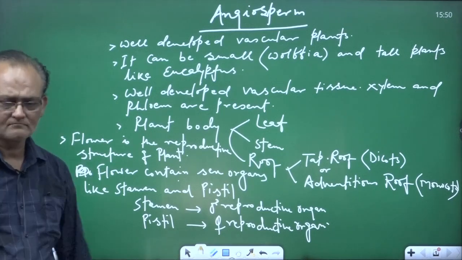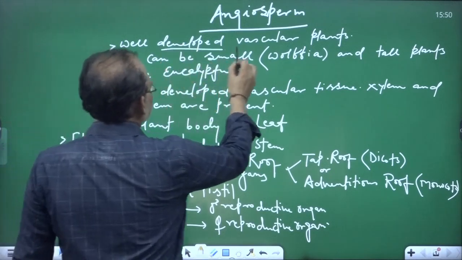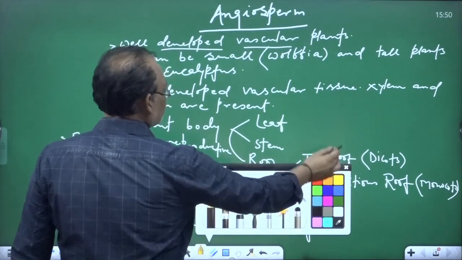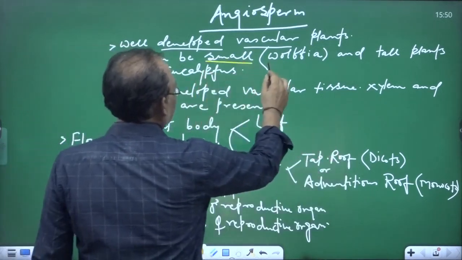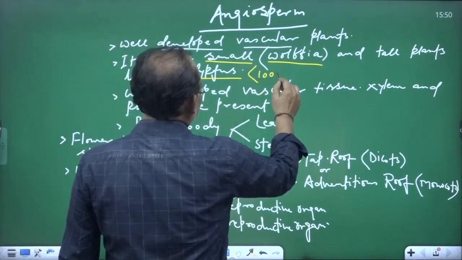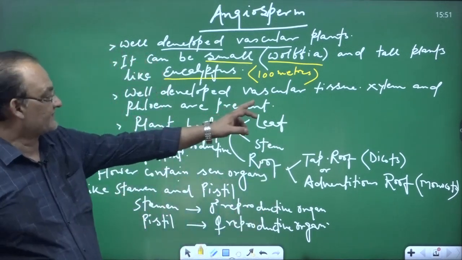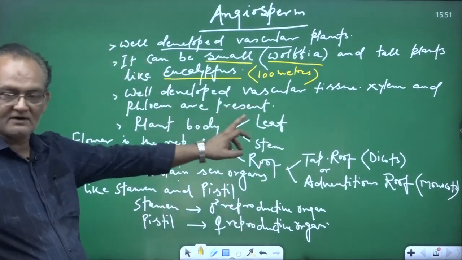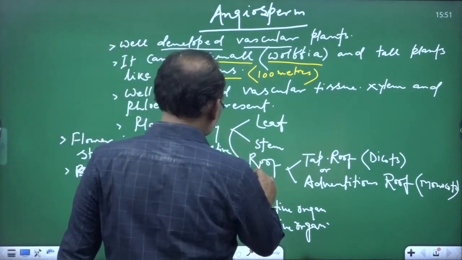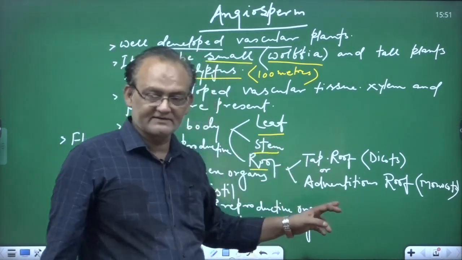Written? See, I am just summarizing. Well developed vascular plants, right? Then it can be small, Wolffia, or very tall, eucalyptus. Eucalyptus is approximately 100 meters. Well developed vascular tissue, xylem and phloem are present. Plant body is differentiated into root, stem and leaf. Root can be either taproot or adventitious.